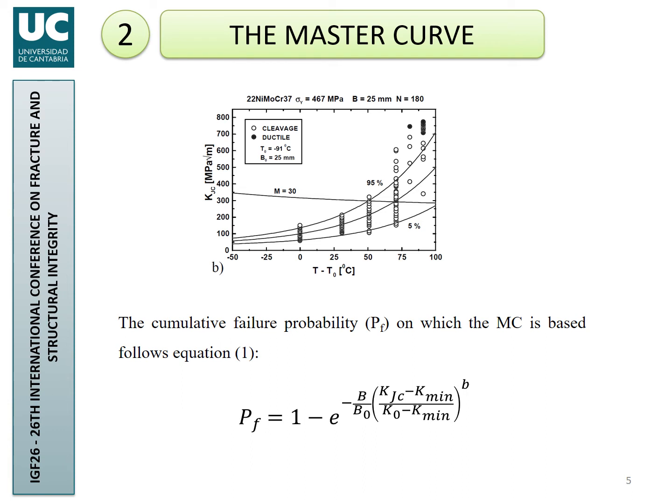So, what is the master curve? Going back to the fracture toughness results shown previously, along the ductile to brittle transition zone, cleavage fracture occurs generally from a single initiation point, and there may be also some previous limited ductile tearing.